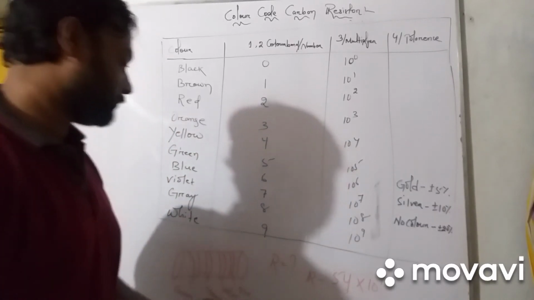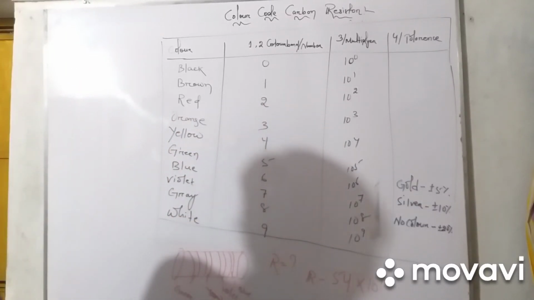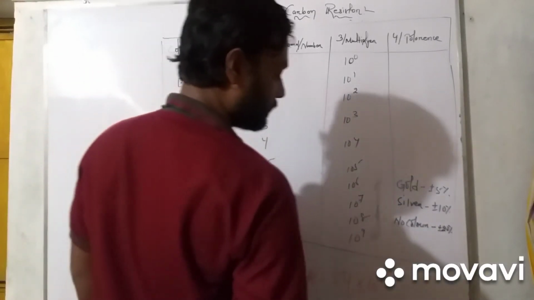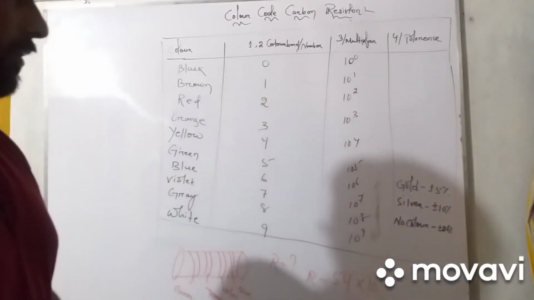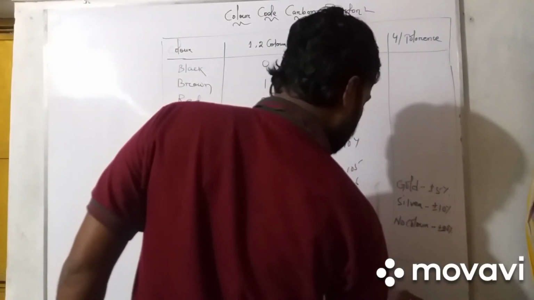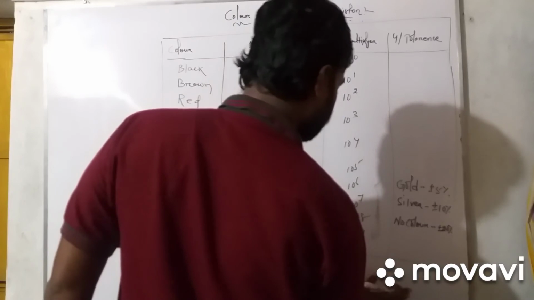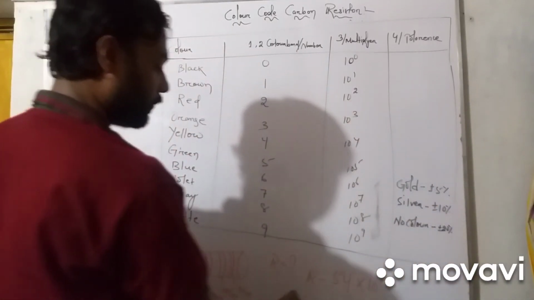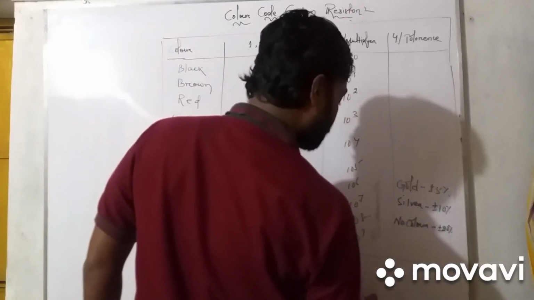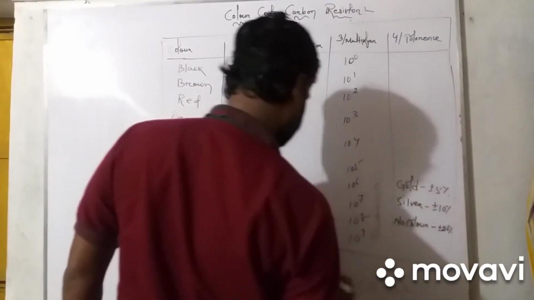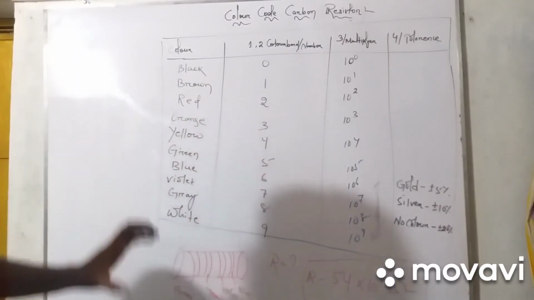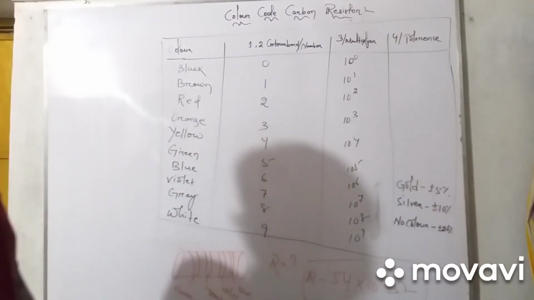And blue, whose tolerance is 0, there is no error, so plus or minus 0, we don't need to write it. So the resistance of that color code carbon is 54 into 10 to power 7 ohm. This is the easiest color code carbon and this is the accurate value.